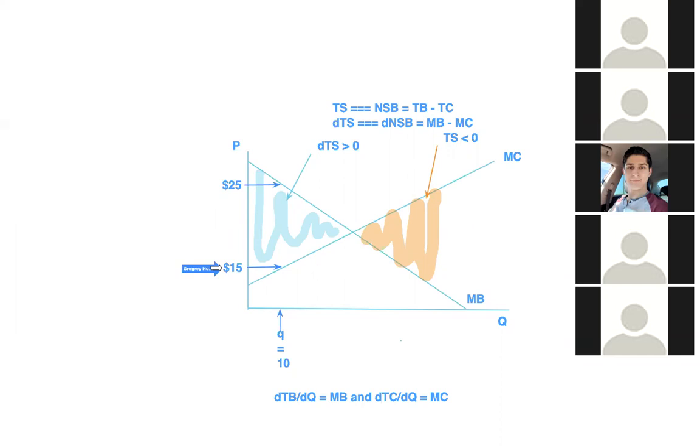What's the buyer going to actually pay? 25. Why? Do you pay the maximum willingness to pay for every single good you ever purchase? You personally? No, because sometimes you'll look for a better deal.